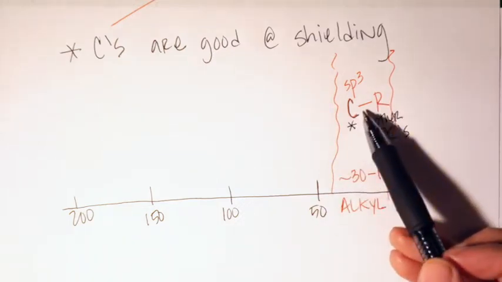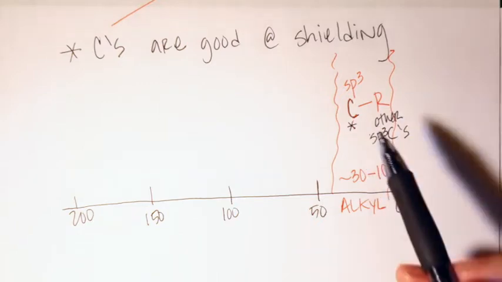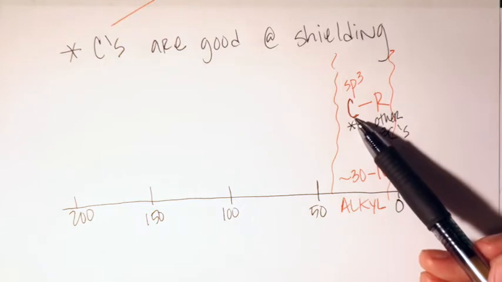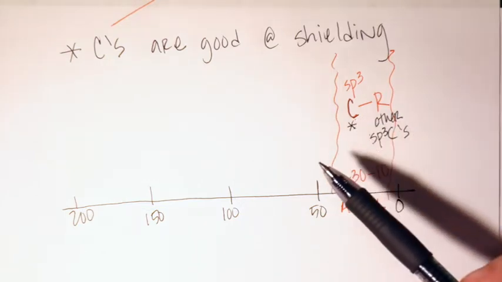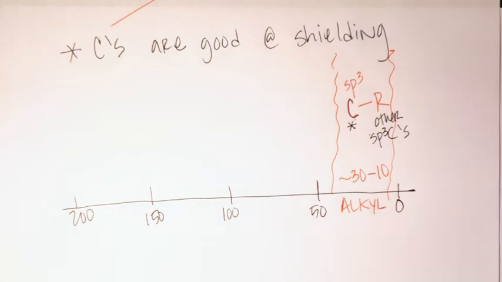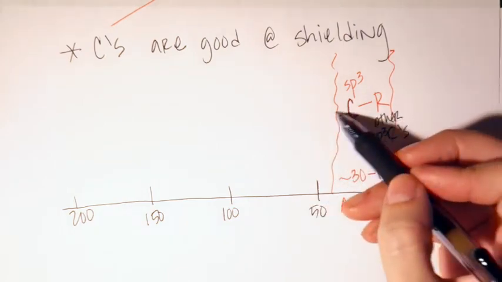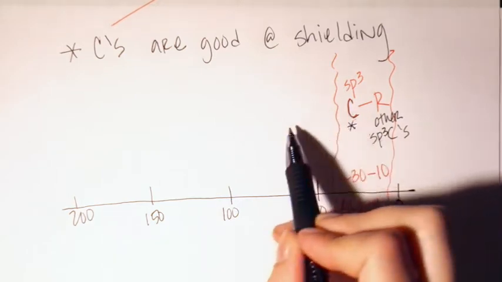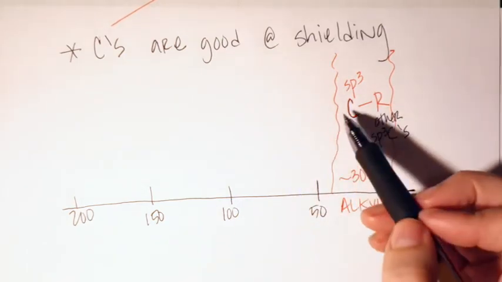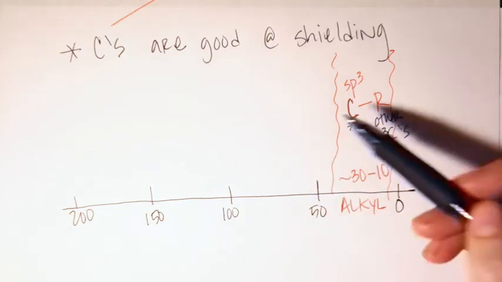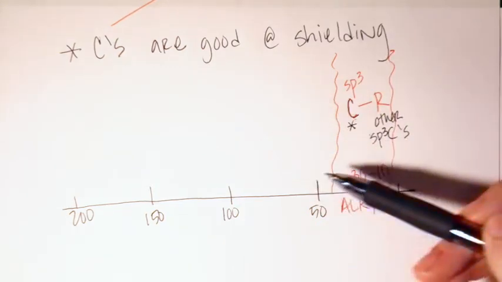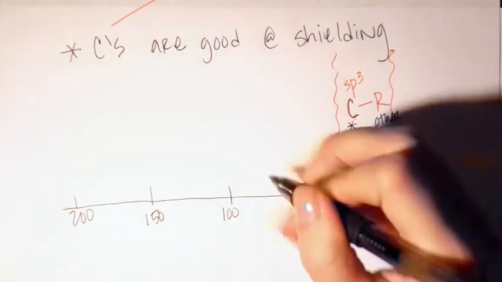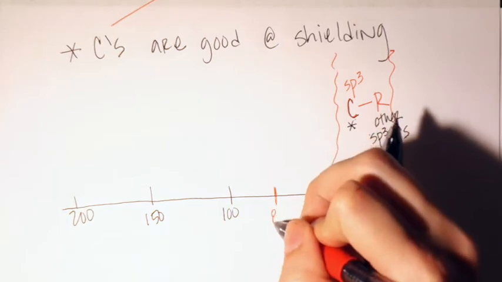If we add stuff other than carbons to this guy, then it's going to start pulling its shield away. The first thing that can pull its shield off are electronegative atoms like oxygen and nitrogen. Because they're electronegative, if we attach an oxygen here, that electronegative atom is pulling electrons off of that carbon and removing its shield. So it's being de-shielded is the term for that. And so the magnet will affect it more and push it farther downfield. If something's on an oxygen specifically, that tends to show up around 80 or so.